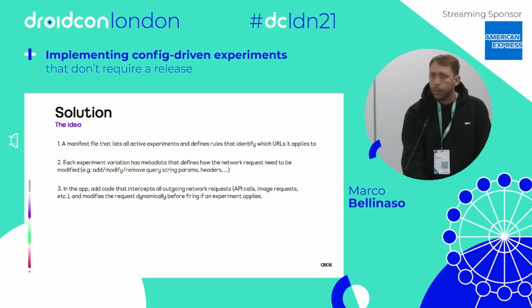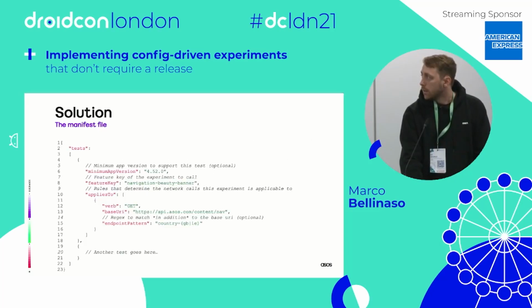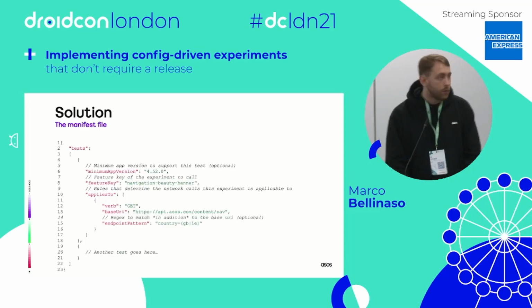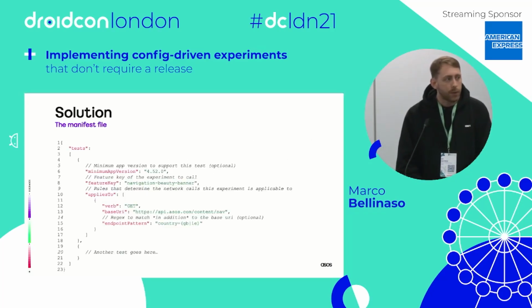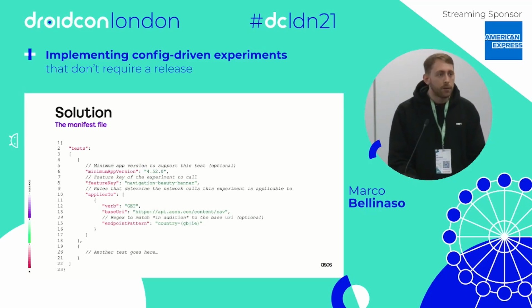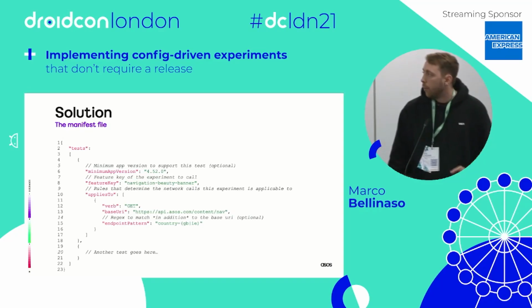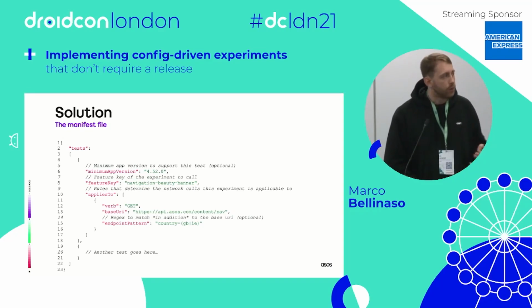So let's take a quick look at what a manifest file, the first step of this, might look like. It's pretty standard JSON. I think everyone here should be okay reading this. So we have a list of tests. For each test, we have the feature key, which is the name of the experiment, and a list of rules that this experiment would apply to.